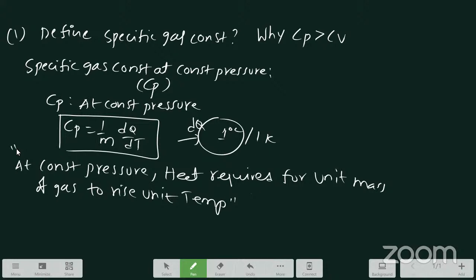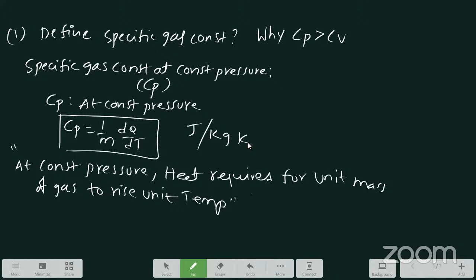That is nothing but Cp. At constant pressure, the amount of heat required for unit mass of gas to rise unit temperature. This one is Cp equals 1 by m into dq by dt. The SI unit, students, is joules for heat energy per kg Kelvin. Joules per kg Kelvin is the SI unit for constant pressure.